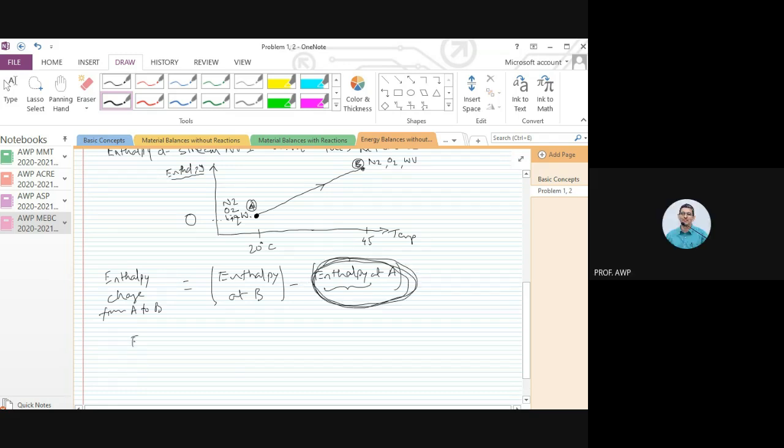So enthalpy at B is the same as enthalpy change in going from A to B. Enthalpy at B is nothing but enthalpy of stream number 1. Do you agree?